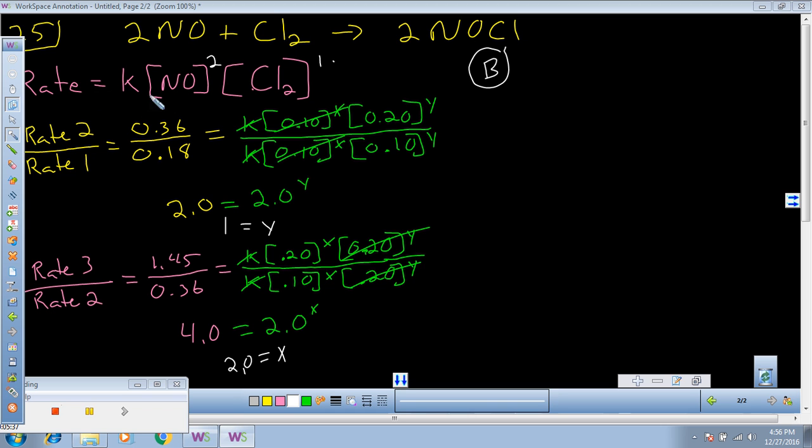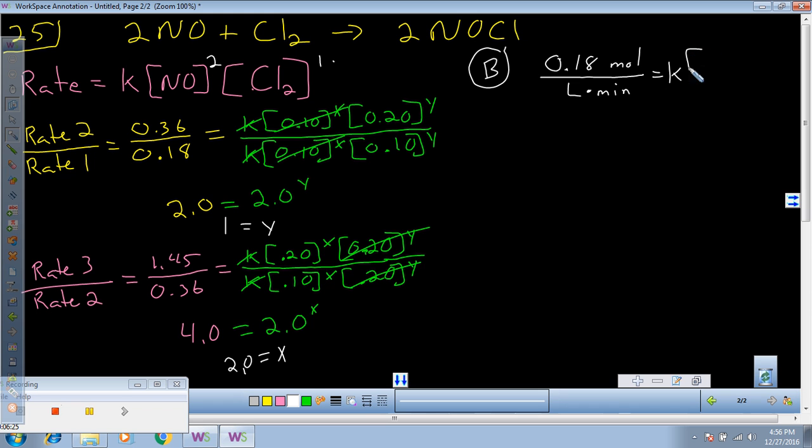For the rates, I can use values from any of my three experiments. I like to use number 1, why not? So for experiment number 1, I am given a rate of 0.18. It's important on these ones to write the units out. My concentration, it's important to write the right units out too. This one is actually per minute, liters per minute.